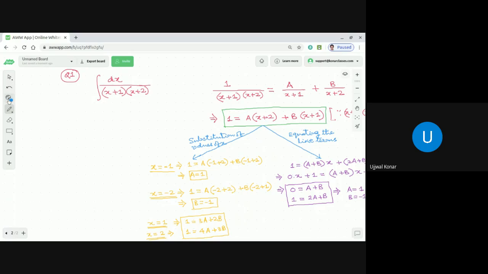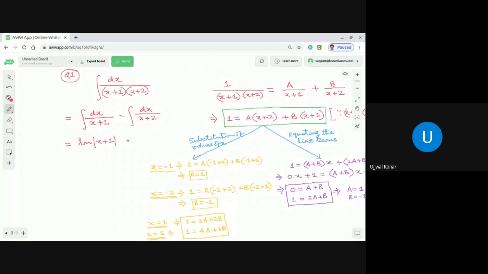So then, this entire integration is now left with, this is equal to, we already found the value of a, that is 1. So that is the integration of dx by (x plus 1). Correct or not? Now b is minus 1, so minus the integration of dx by (x plus 2). We know the integration of dx by (x plus 1) is ln of mod (x plus 1).